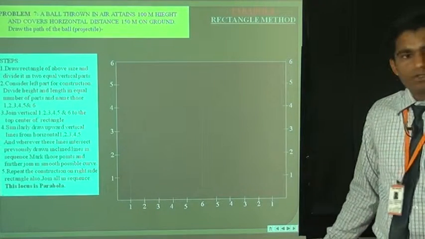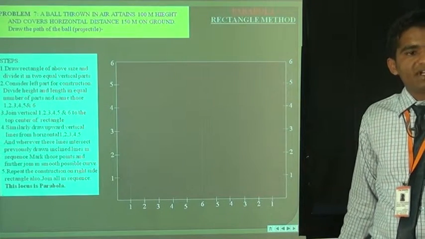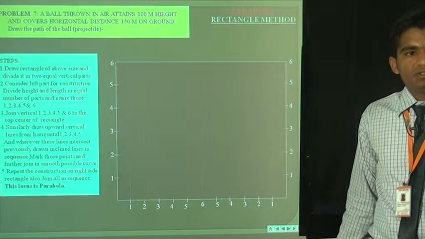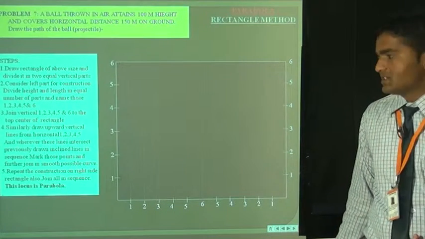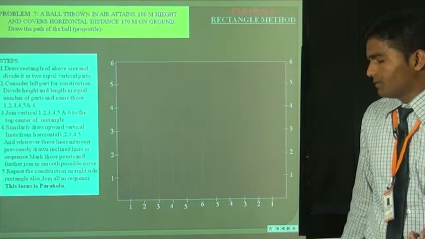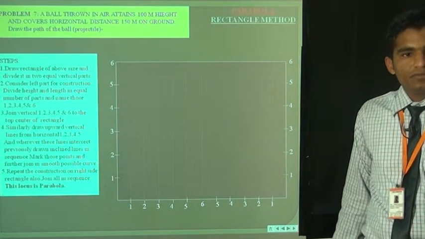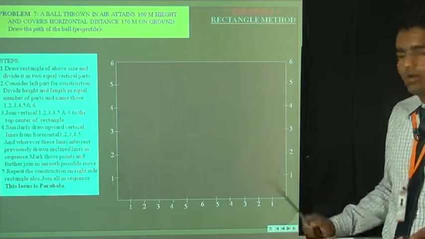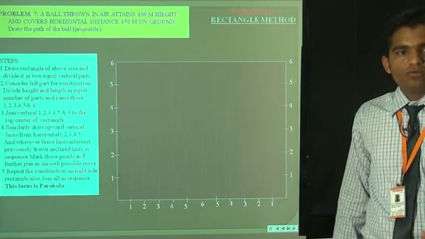Then again draw the second vertical line which cuts the inclined line 2. Then again the same procedure for the 3, 4 and 5 points. Now let's do the same process on the right side of the rectangle.